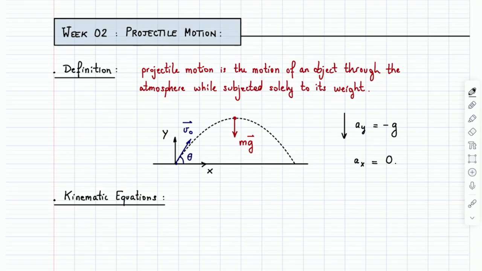And so as a consequence, again, this will make sense when we do Newton's second law, but as a consequence, ay is minus g and ax is 0. Okay? So that's for acceleration. Now remember that we also touched on components last week, and we're going to need the components of initial velocity.